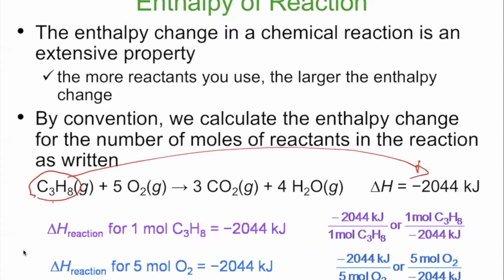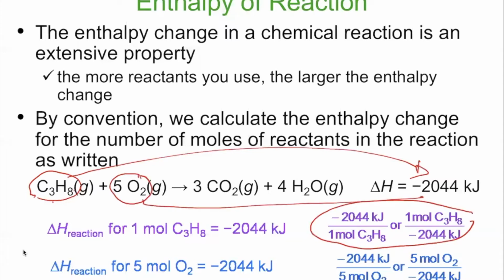Because it's a balanced equation and this is given to you, you can use it as a conversion factor. And notice you can also make a relationship between your moles and the heat released of oxygen. But you can also do it with the product. So you can make it very convenient to get to your desired answer.